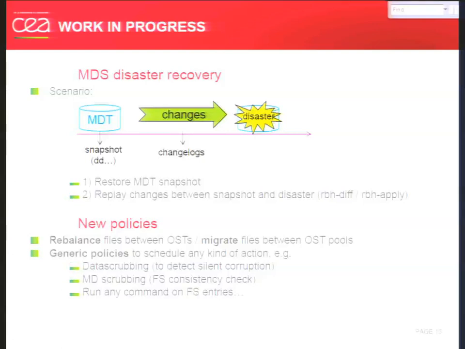And if something happens, you will be able to restore your MDT snapshot, and ROBINHOOD will try to replay what has been lost since the last snapshot using two different tools which will be available: RBH diff and RBH apply. RBH diff will be generating a kind of diff, a patch between what is in the DB and what is in the file system. And with apply, you can try to go one way or the other way, depending on what you want to do.